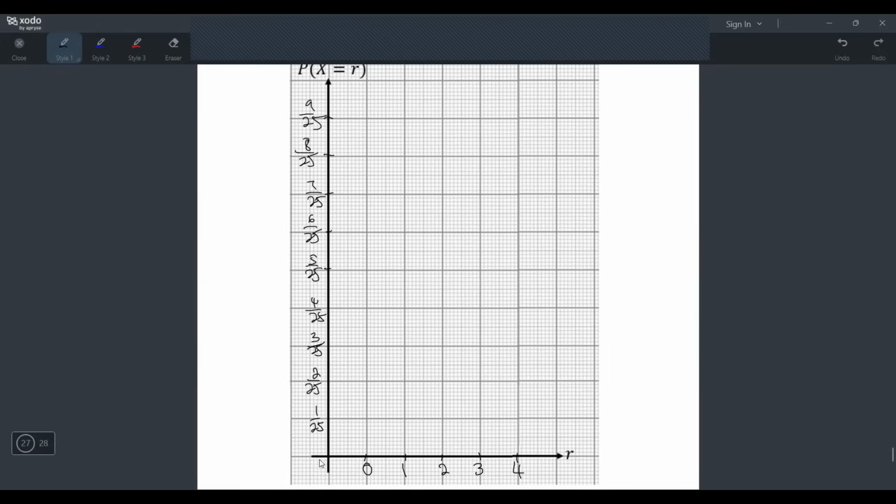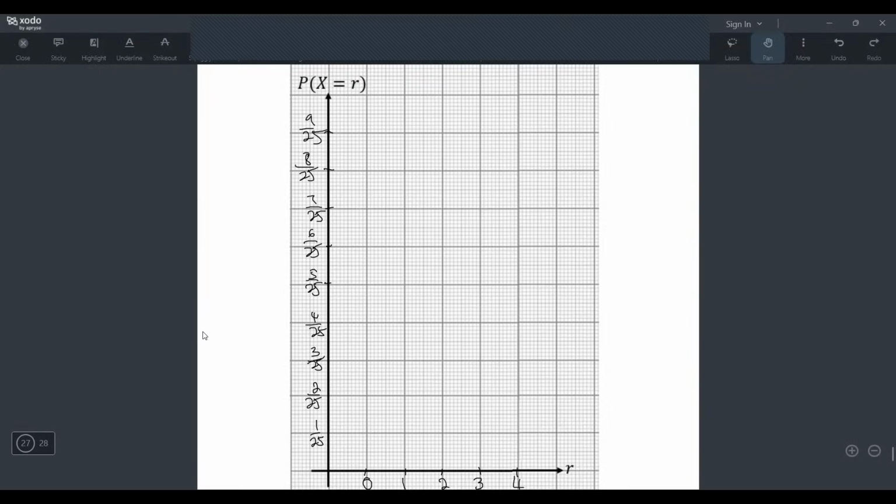It means every time you go up, it's tambah 1 over 25, macam tu. So 1, 2, 3, 4, 5, 6, 7, 8, 9 macam tu. Alright, so this is a suitable scale lah.